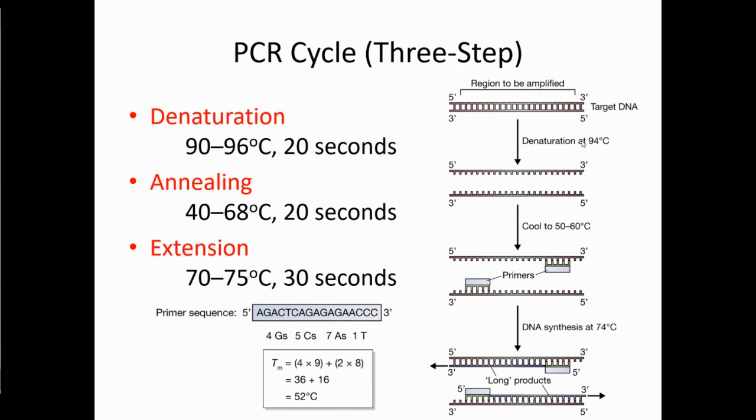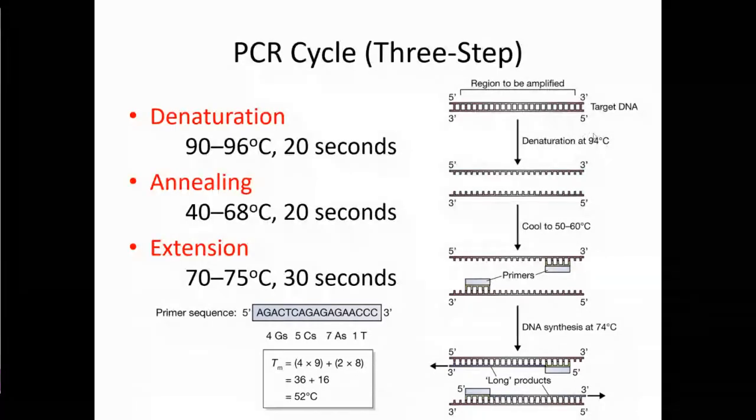The Taq polymerase is purified from thermophilic bacteria found in hot springs, so this special Taq DNA polymerase will be stable at this high temperature. That's the only thing that you need to know, that special DNA polymerase is used for the PCR reaction.